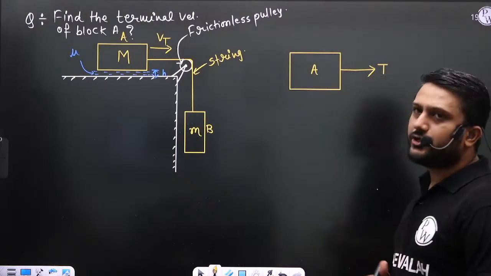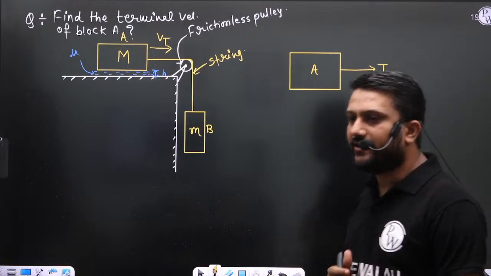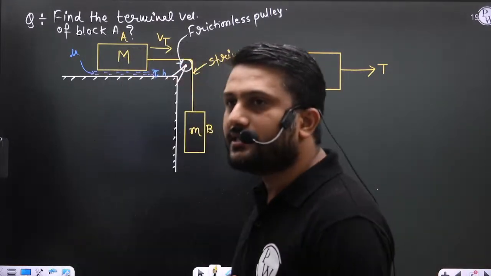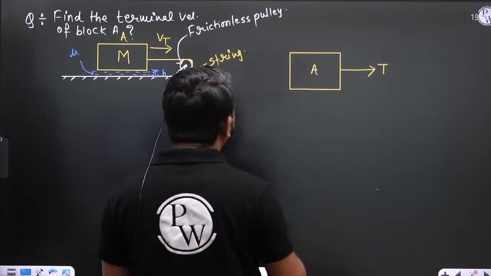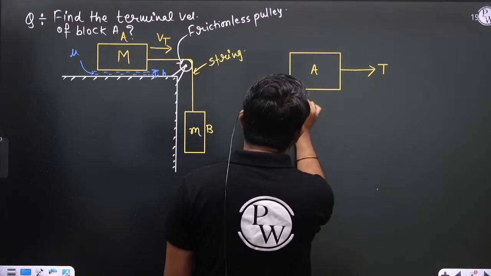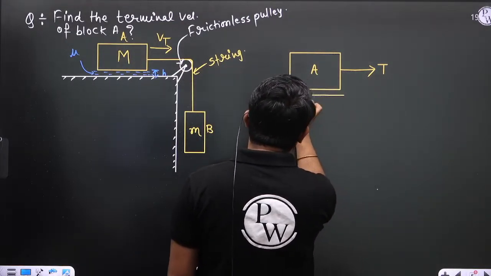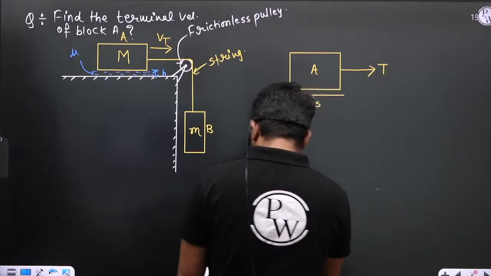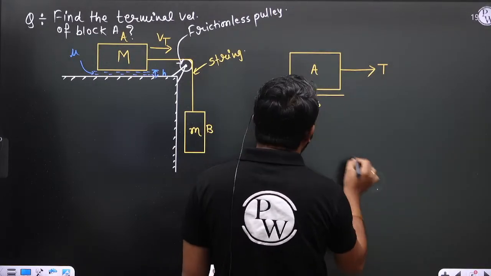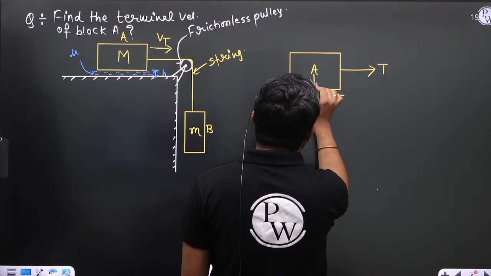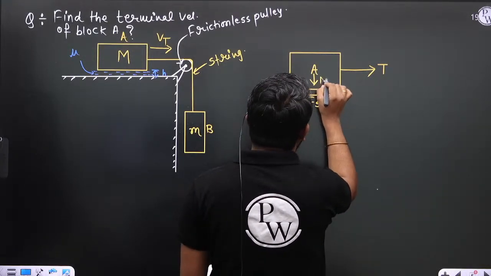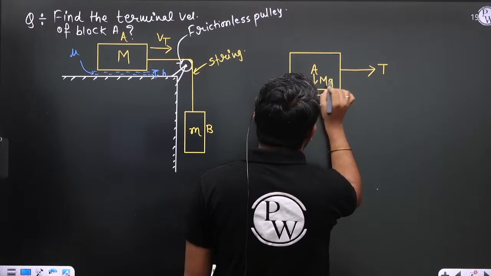So if I ask you what is the direction of shear force, can anyone tell me? Obviously, the direction of shear force is in the negative x direction. And block A has mass capital M, so the weight is capital M multiplied by g.